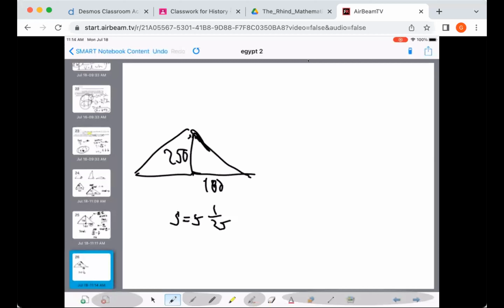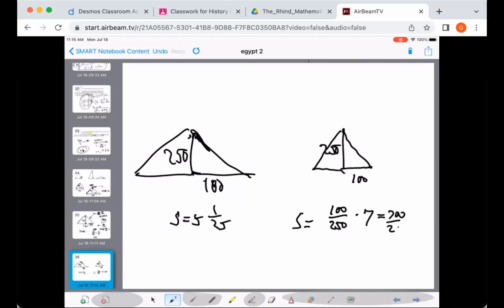But if it was a steeper pyramid and it was 250, 100, our calculation is 100 over 250 and then times 7, which is 700 over 250, which is 2 point something, 2, remainder 200. 200 over 250, 2 4/5.